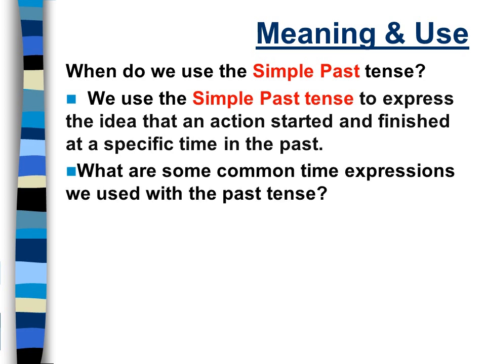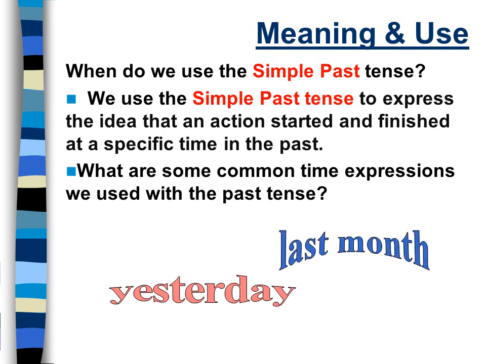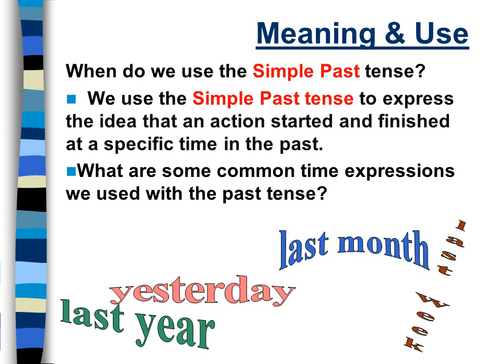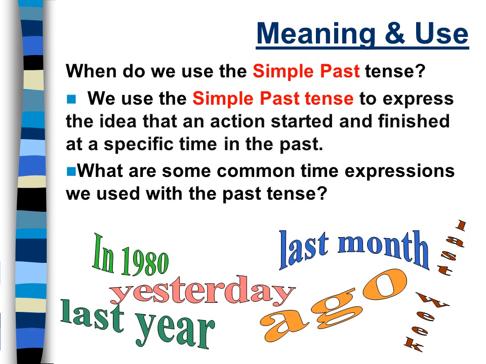Now, what are some common time expressions we use with the past tense? Of course, we have certain time expressions that are always used in the simple past tense. Example, yesterday, last month, last year, last week, ago, in 1980.